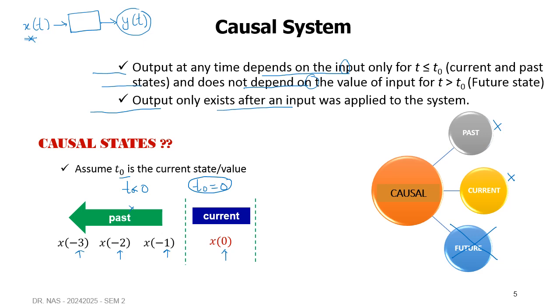And when t is larger than the current state, in this case 0, you have the future state. So now t is larger than your t0. Okay, so 2, 3, and so on.